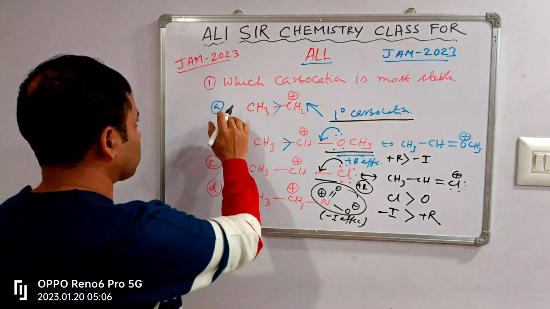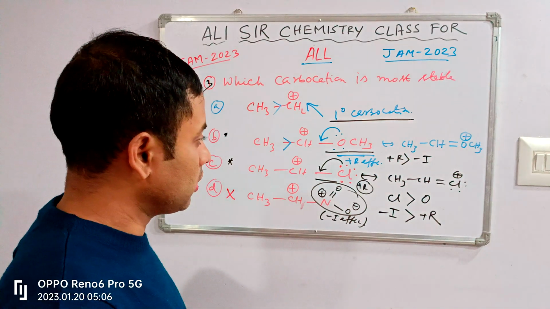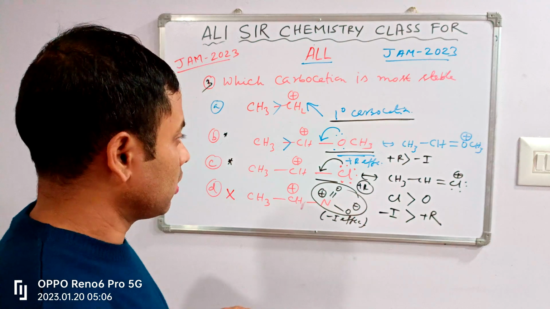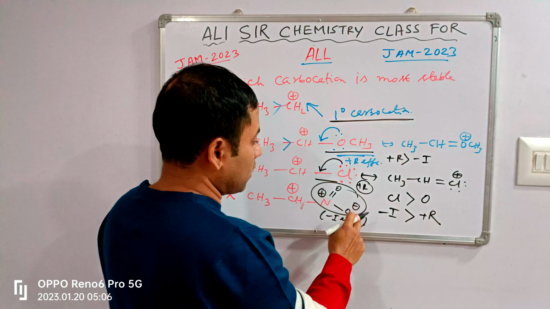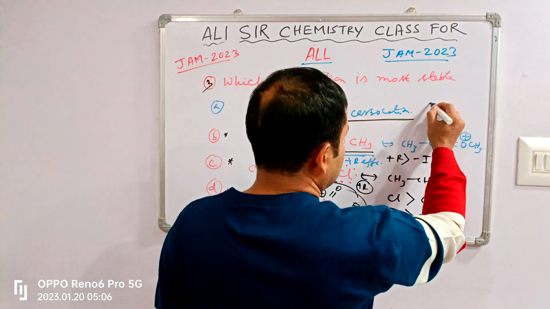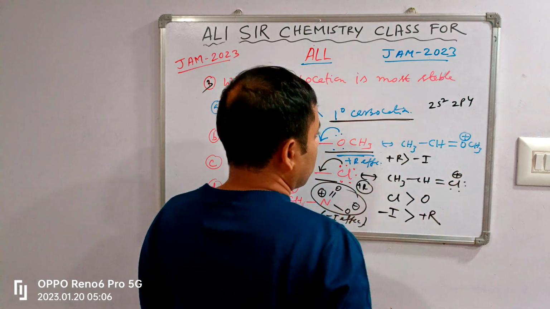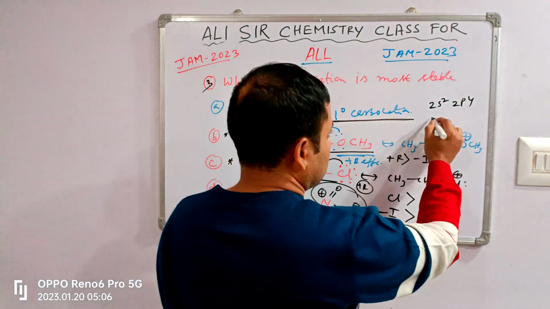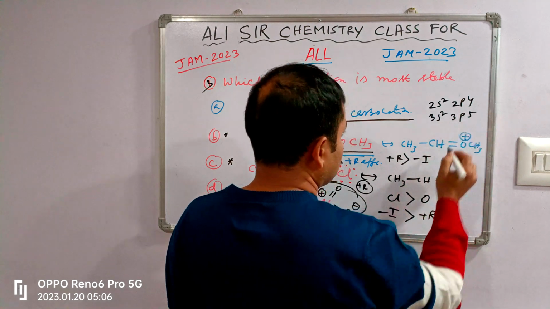But why do we say the plus R effect of oxygen is much more compared to its minus I effect? Because if you see the electronic configuration, the outermost electrons in oxygen are 2s2 2p4. But in the chlorine atom, the outermost configuration is 3s2 3p5.